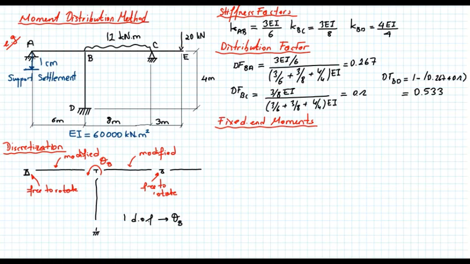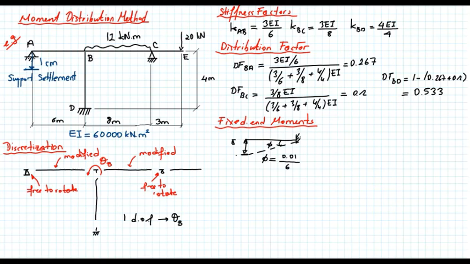So pin here, fixed here, and we know that this point moves in the downward direction. So in that case, that will be the chord rotation, the psi angle, and the psi angle is in the counterclockwise direction. So 0.01 is the amount of settlement divided by the length, which is equal to 6.